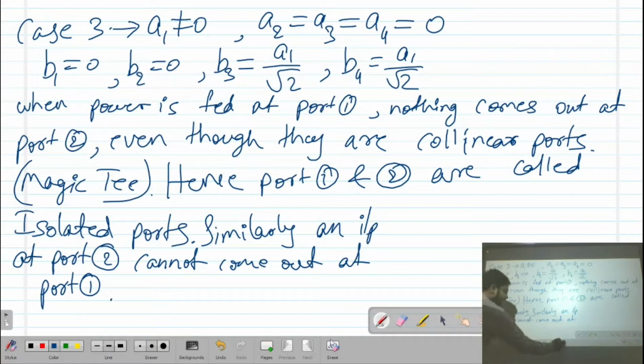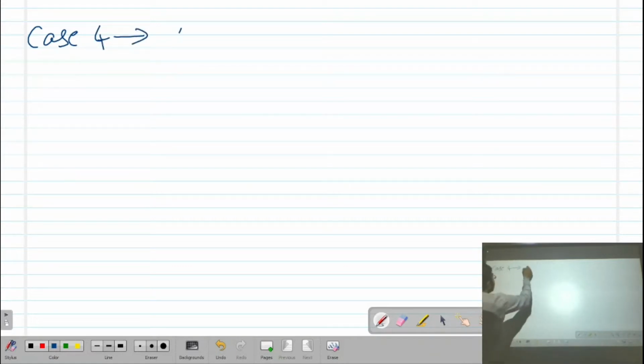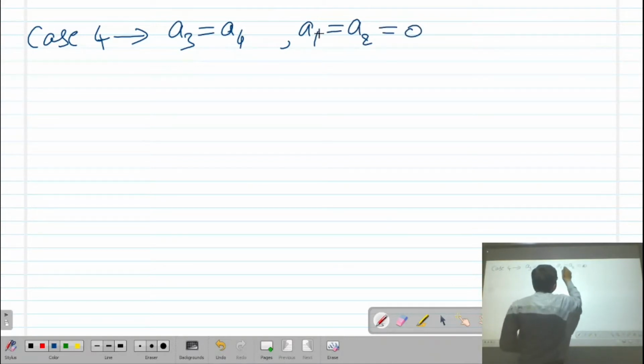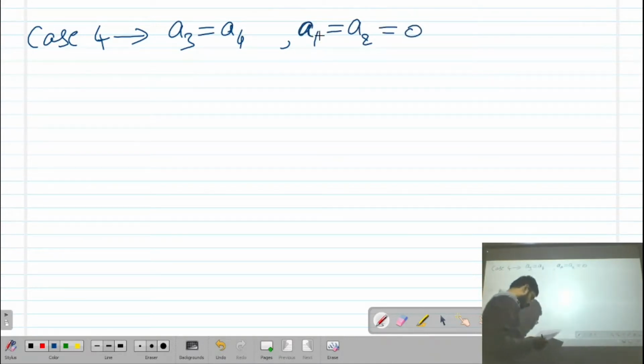Now let us take case 4, where A3 equals A4, and A1 equals A2 equals 0. Okay?